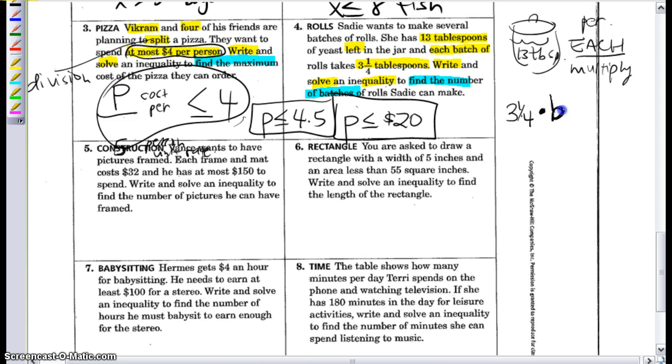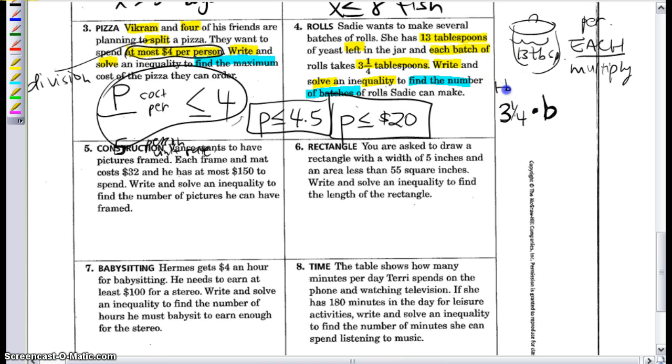And how do I know that's what I'm multiplying? Well, our each is representing our tablespoons per batch. That's how I know that I'm multiplying that. And the number of batches would be an unknown variable because I'm trying to find it. And since I don't know what it is, I use a variable.